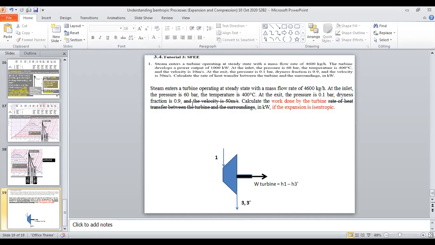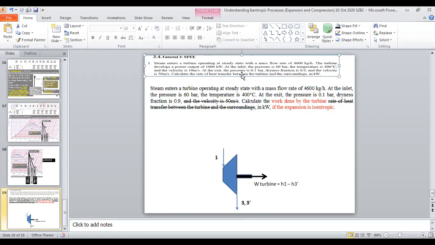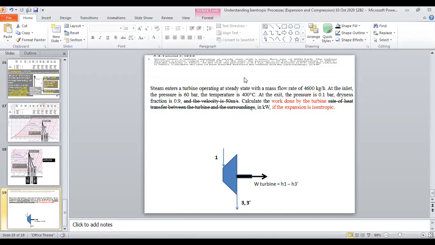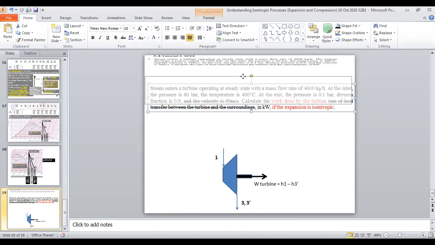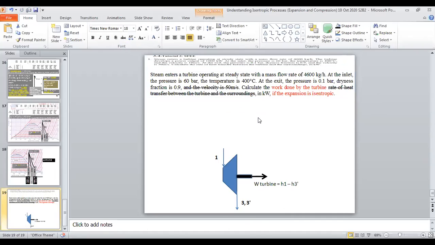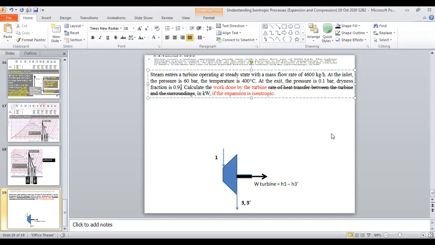Save it. So the actual question I still leave here, and modify later, we will come to the original one step by step. See? Same. Exit point 1, now you have dryness fraction of 0.9. Yeah. See? Exit velocity also we take out.